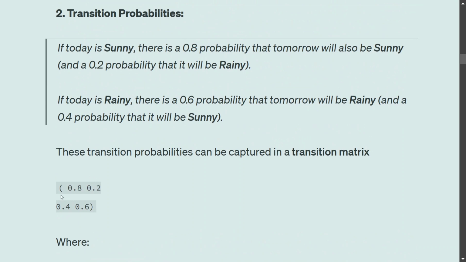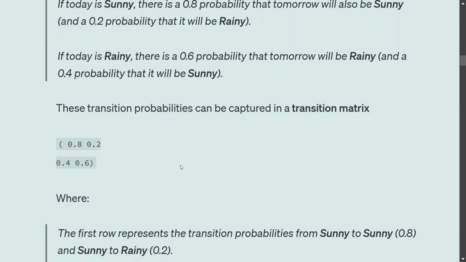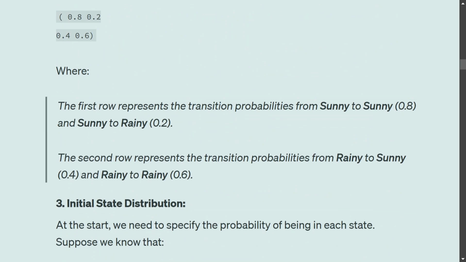If today is sunny, 0.8 is the probability that tomorrow would also be sunny, and 0.2 is the probability that tomorrow would be rainy. If today is rainy, 0.4 is the probability of having sunny tomorrow, and 0.6 of it being rainy. Now here you can see the first row represents transition probabilities from sunny to sunny, sunny to rainy. Second, rainy to sunny and rainy to rainy.